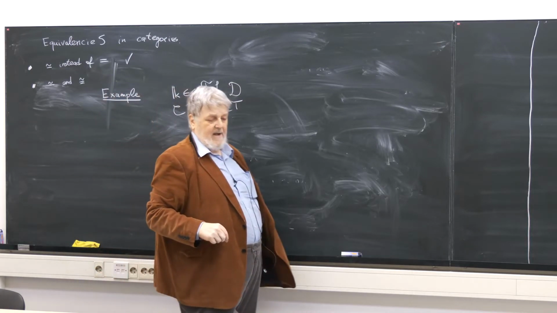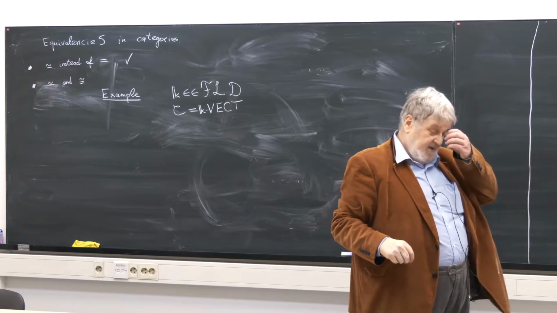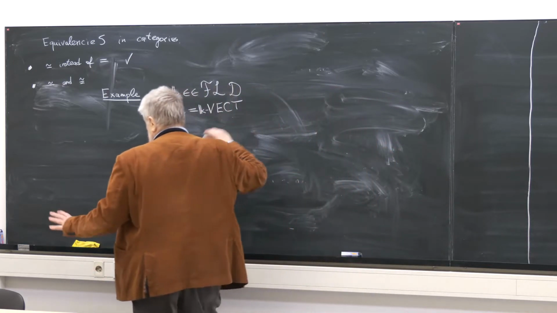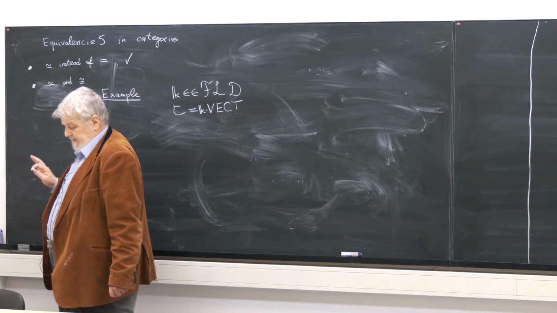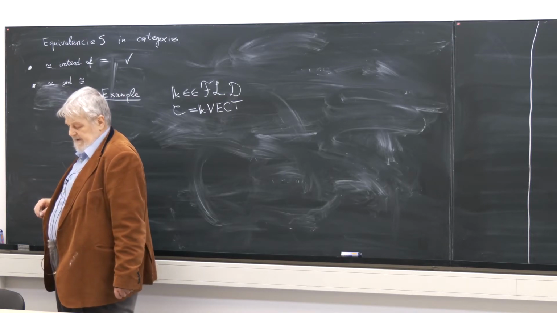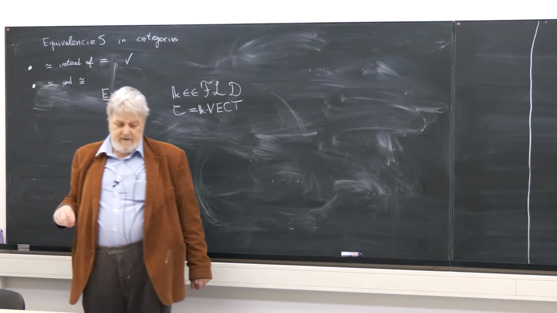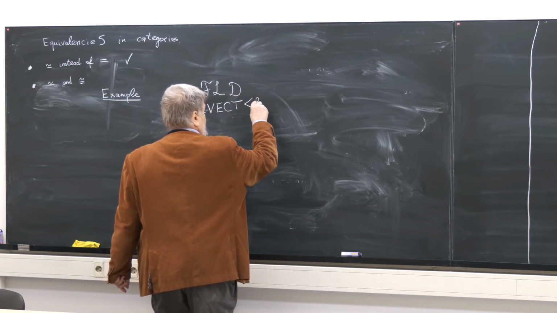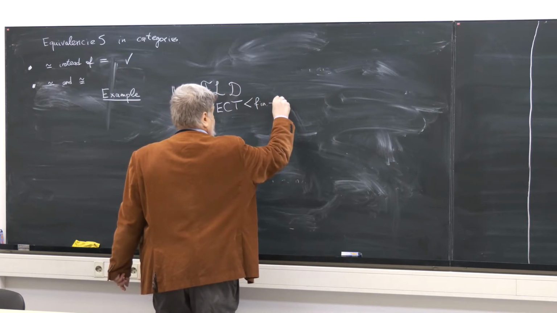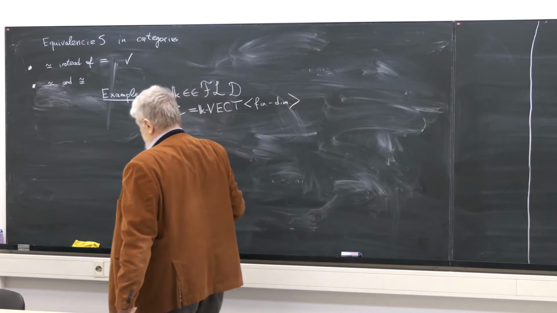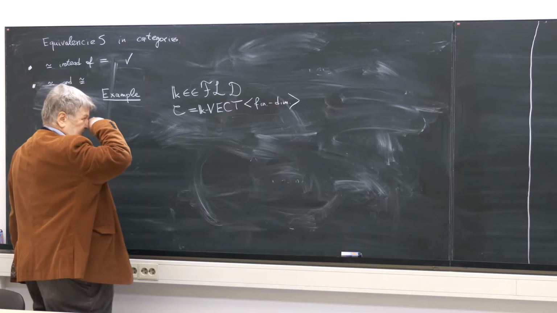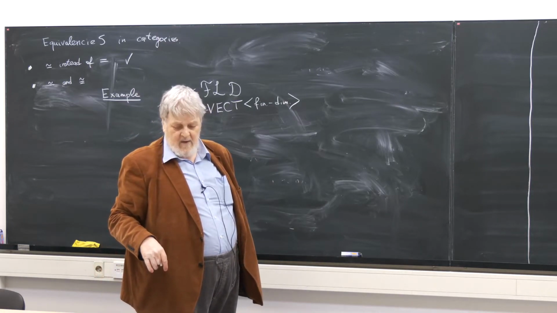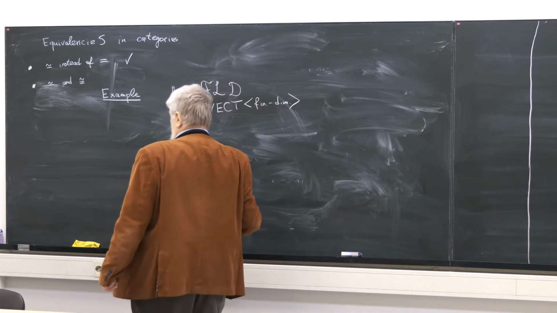So this is the category of vector spaces over K. Some of the statements I'm going to make are valid in the category of all vector spaces, but the main example considers only the finite dimensional ones.